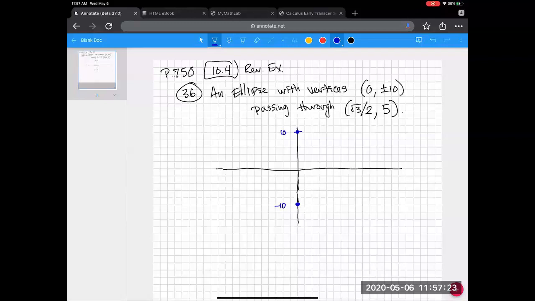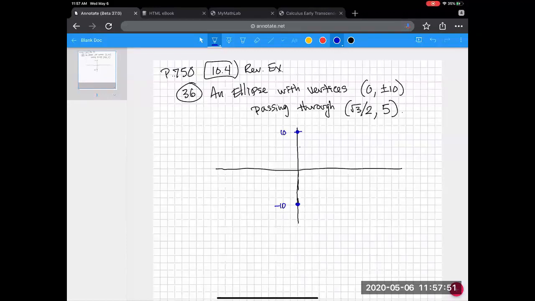So they're thinking this is an ellipse that is wider in the up and down direction than in the side to side direction in some way. So that means that this tells us that this is our A value. And it goes through the point square root of 3 over 2, 5. So square root of 3 over 2 is a little less than 1. And 5 would be about 2.5 there, halfway over.